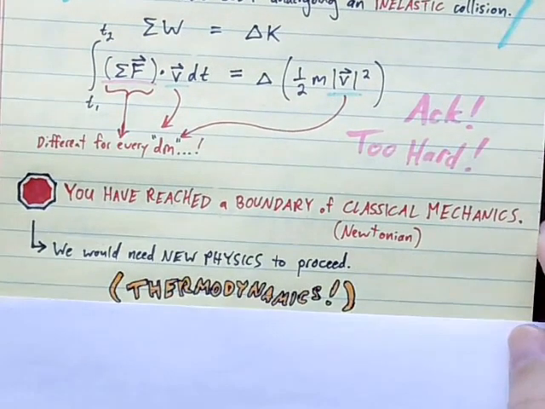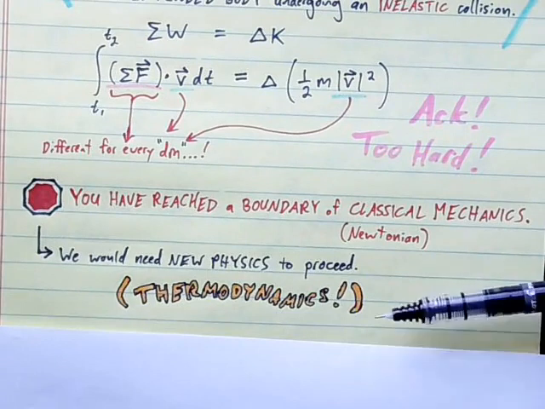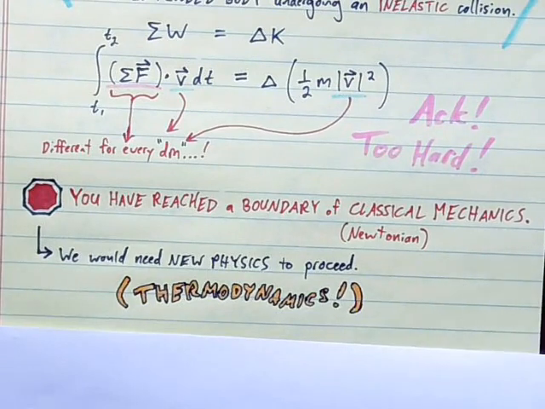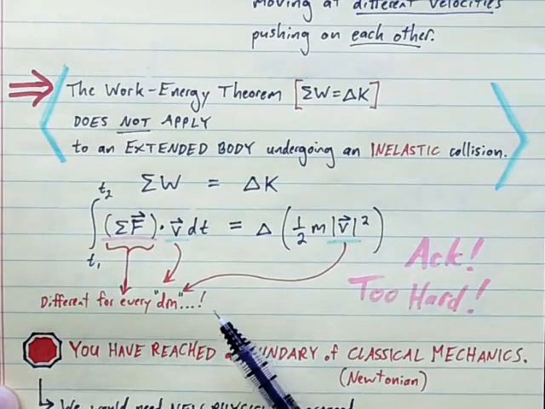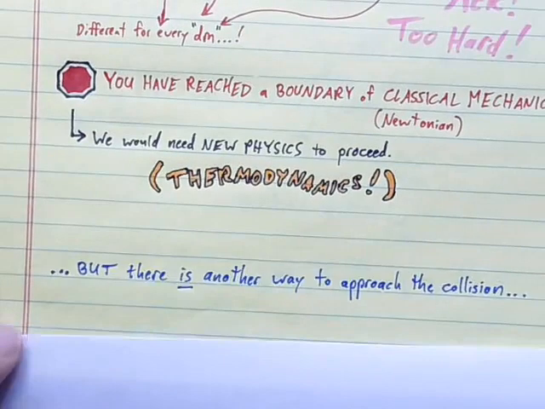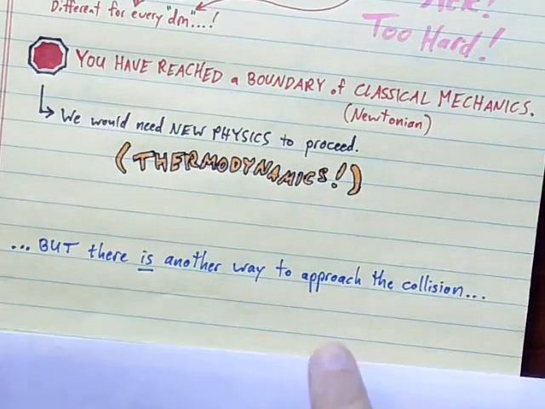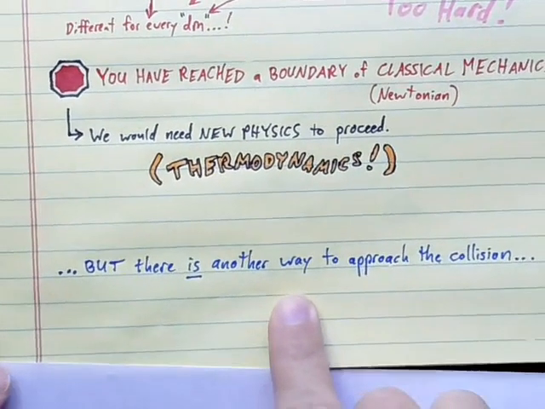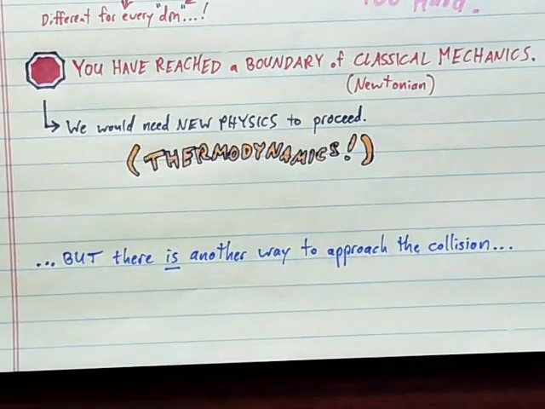We would need new physics to proceed here. In fact, we would need thermodynamics to fully appreciate the energy transfers going on inside an extended body. But there is another way for us to approach this collision using the physics we know.